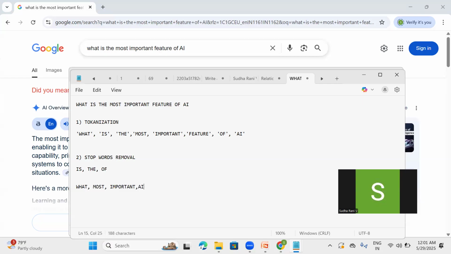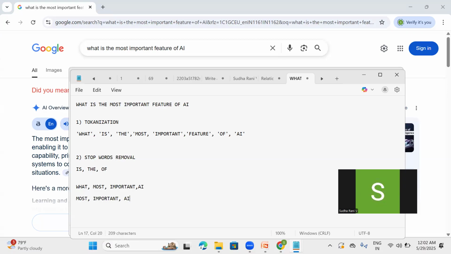These are the words we got after removal of stop words, and from these words we have to check for the keywords which are going to map with the indexing. So I am identifying the keywords most, important, AI.